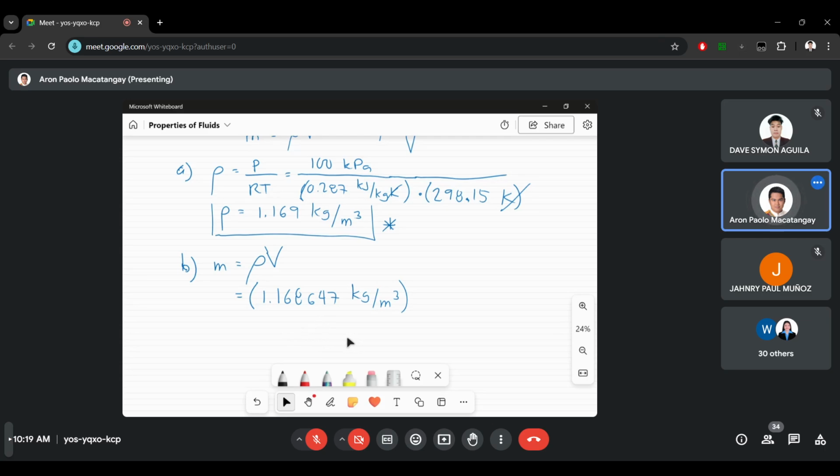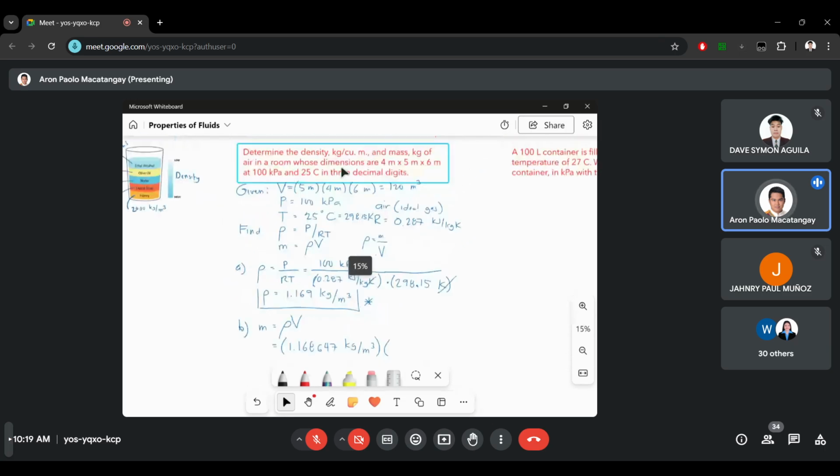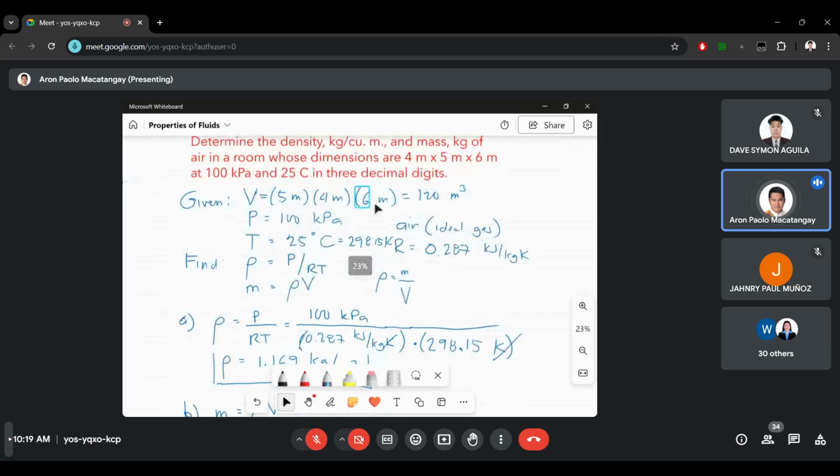Times volume, which we solved earlier, that is 5 times 4 times 6. So that is 120 cubic meter. So my mass now would be equal to, can anyone solve this please?